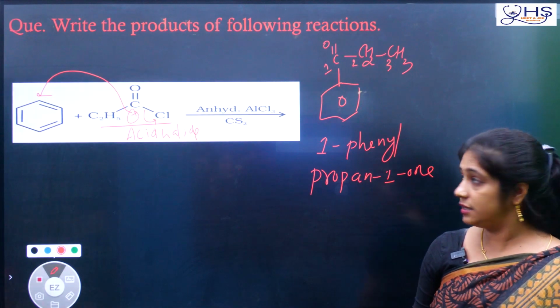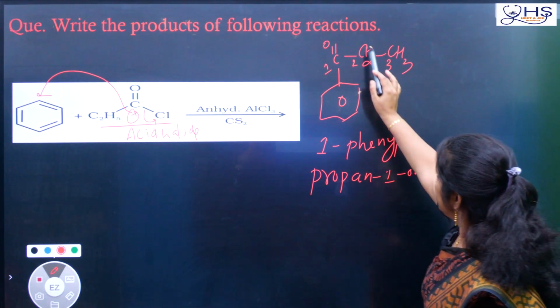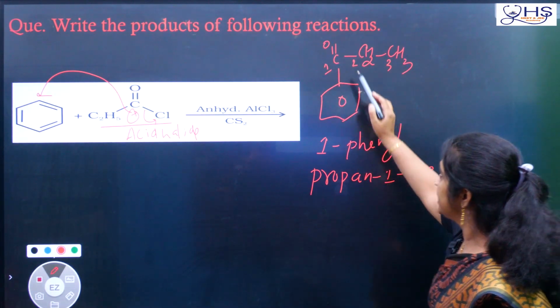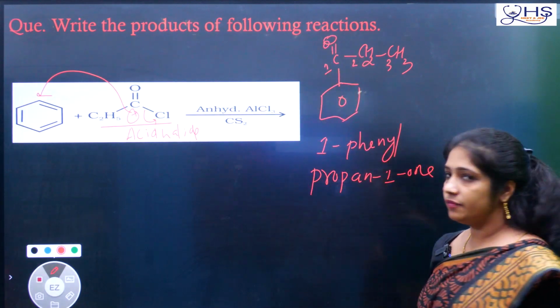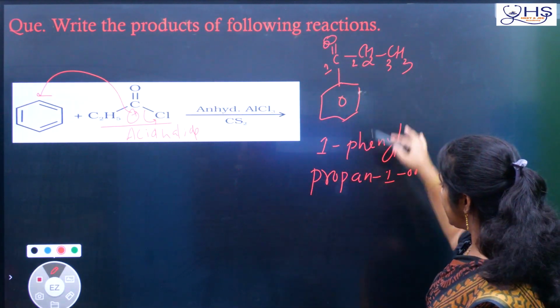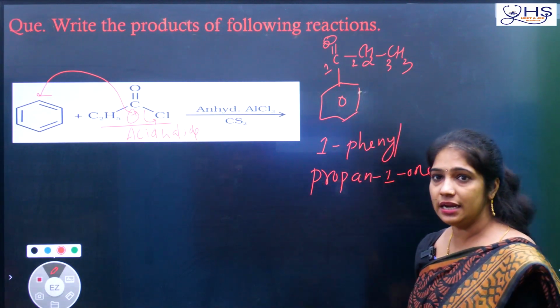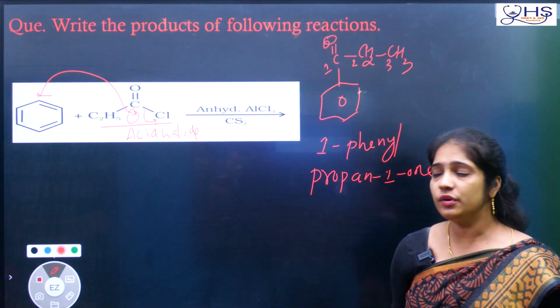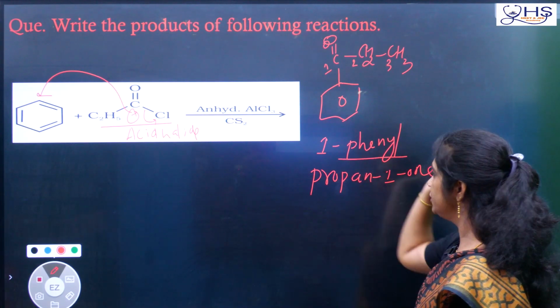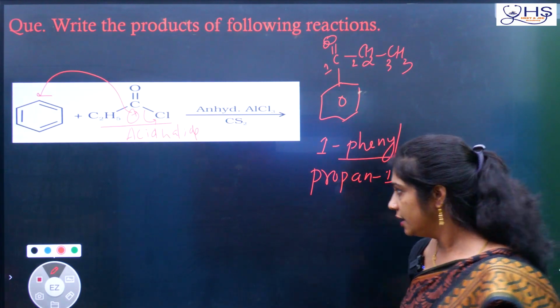This is an open chain and this is a cyclic system, and the open chain has the functional group, so the open chain is taken as the parent chain, and the benzene automatically becomes a substituent. And when benzene becomes a substituent, we write it as phenyl. Clear?